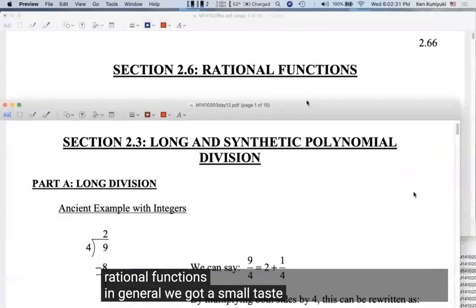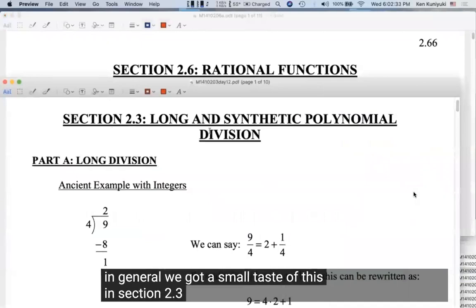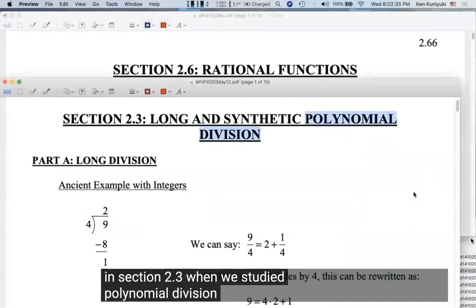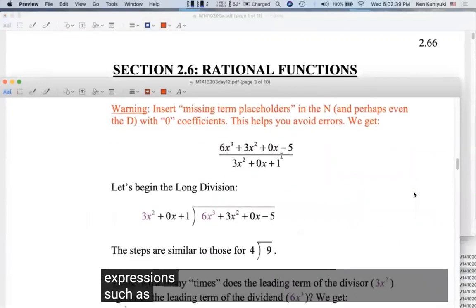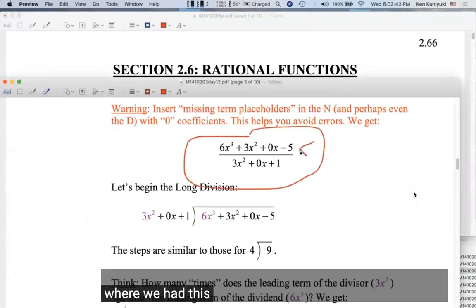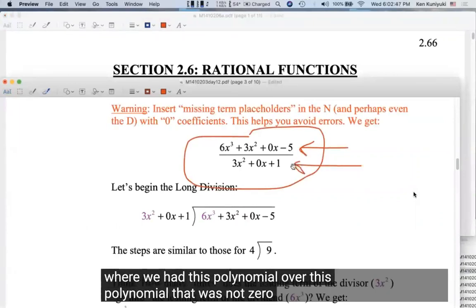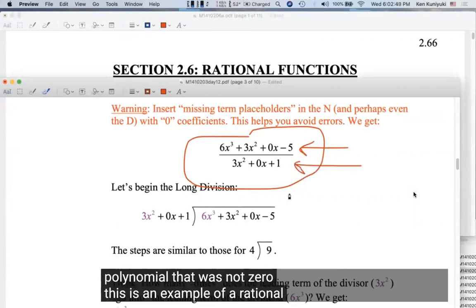We got a small taste of this in section 2.3 when we studied polynomial division, for example, when we were considering expressions such as these, where we had this polynomial over this polynomial that was not 0. This is an example of a rational function rule that's not polynomial.